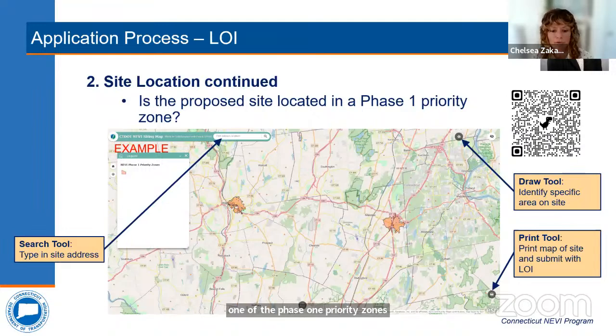If yes, provide a brief justification as to why that site should still be considered. And just to reiterate what Jen was discussing earlier, phase 1 funding will be prioritized for proposals within the 12 priority zones. However, DOT may consider exceptions for unique proposals near these identified zones.